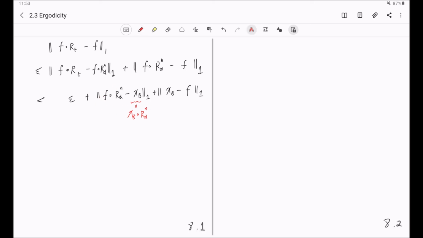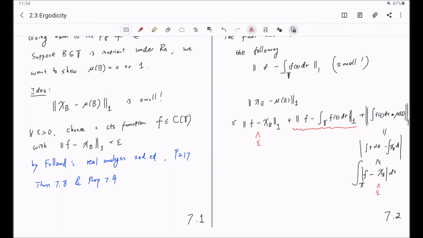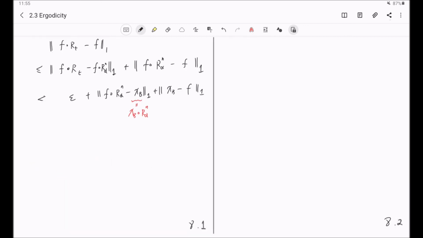Because this integration is irrelevant of the rotation of the integrand over the circle, you can drop those R_alpha^n at the same time. The last two parts are both bounded by epsilon by our choice of these continuous functions on the circle, and that is guaranteed by some theorems in Folland's book. So in the end, this is going to be bounded by 3 epsilon.